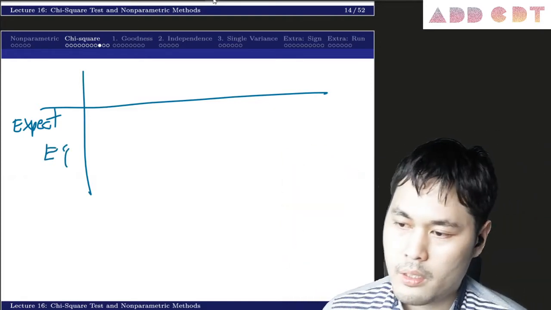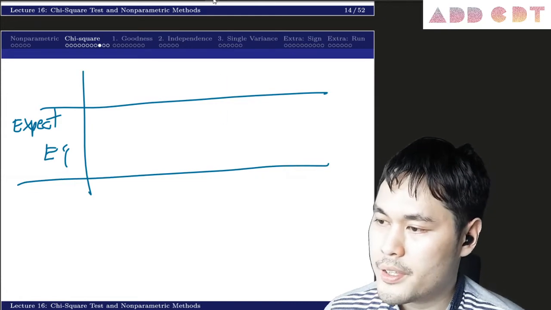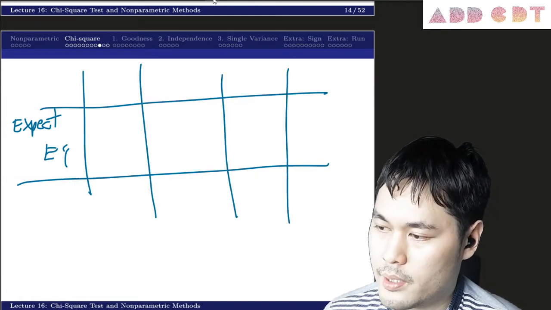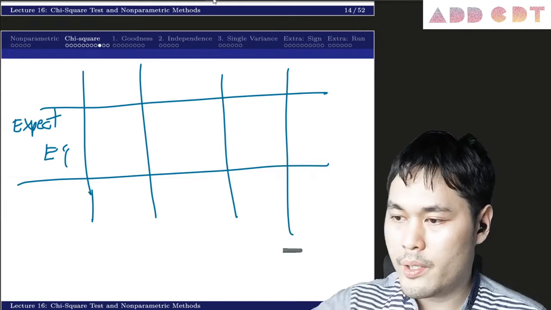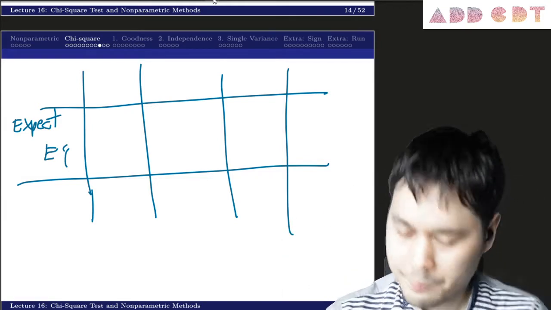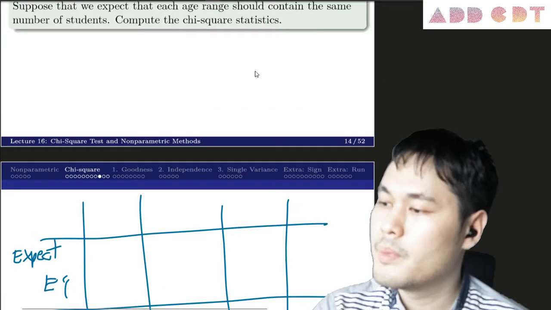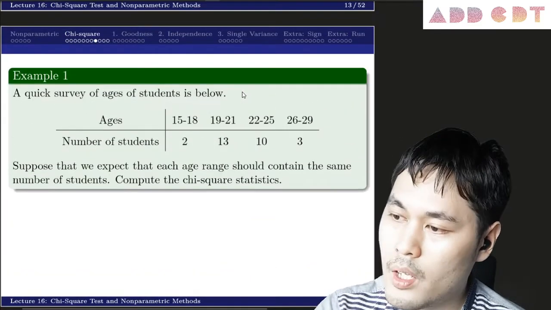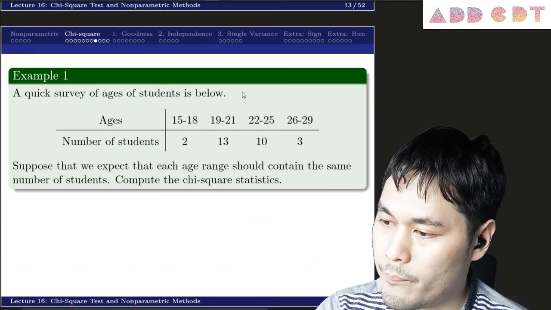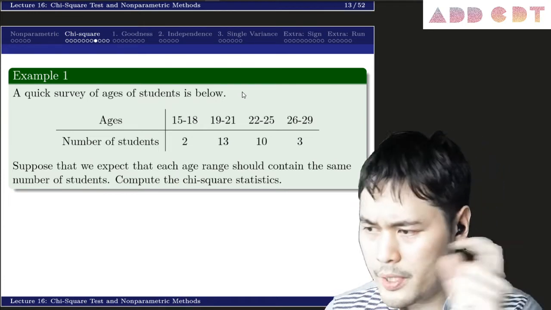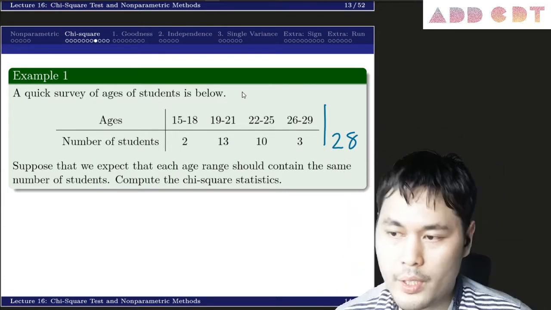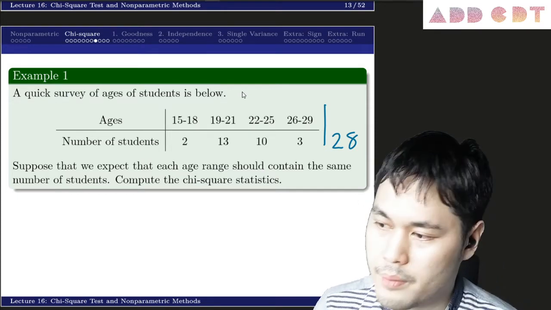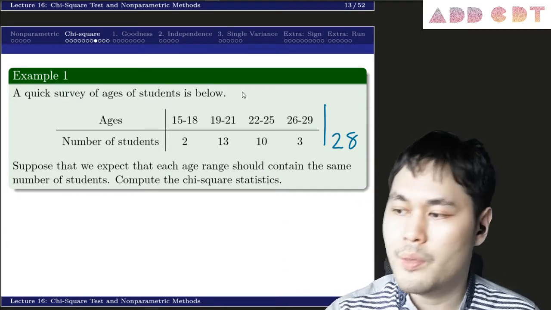So we first say what we expect, and once we fill in these 4 values, then we can take samples and perform hypothesis testing. The total number is 28, so we do a quick survey of 28 students on campus or wherever you want.